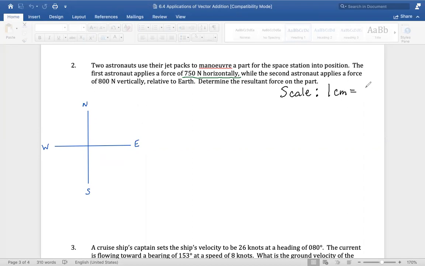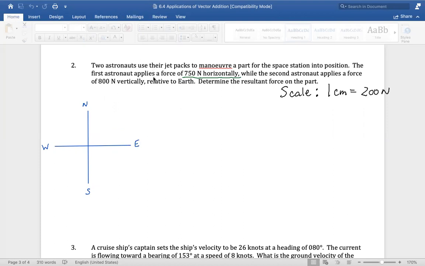So if I made it 200 newtons, then I have this one being 4 centimeters, right? And then converting 750 newtons would be 3.75 centimeters. So that's okay in length. And the more accurate you draw these using a ruler, the more accurately you'll be able to match your answer to the diagram, right?